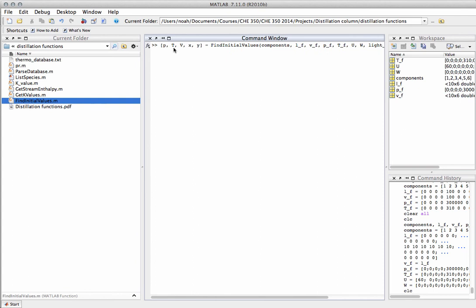Okay, so I'm going to get pressure, temperature, vapor phase flow rate, X and Y. I've defined components, I've defined LF, I've defined VF, PF, TF, U, and W. I said the light key is going to be component number 2. Pressure drop is going to be 100 pascals per tray. We've got a total condenser, so there's no vapor leaving the condenser, and the reflux ratio is 2.5.